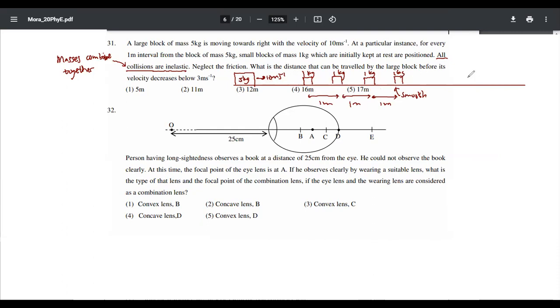So let's consider a situation where its velocity has become 3 meters per second, and it collided n times. After n number of collisions.